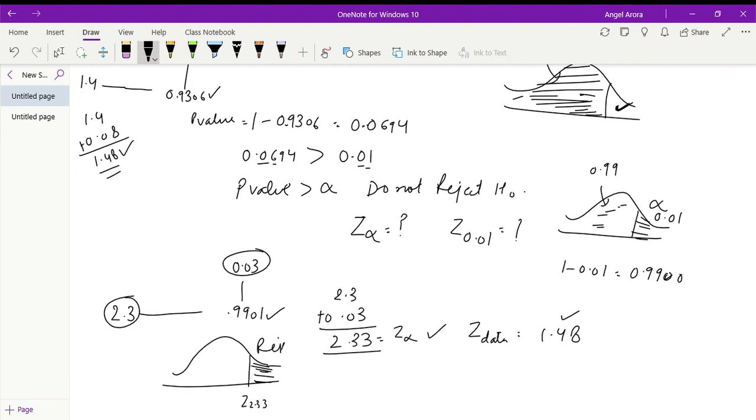Obviously it doesn't fall. z of 1.48 will come here, to the left of this z alpha value. So it doesn't fall under the rejection area, or we can say that z is less than z alpha. That means do not reject the null hypothesis. So this is our answer.